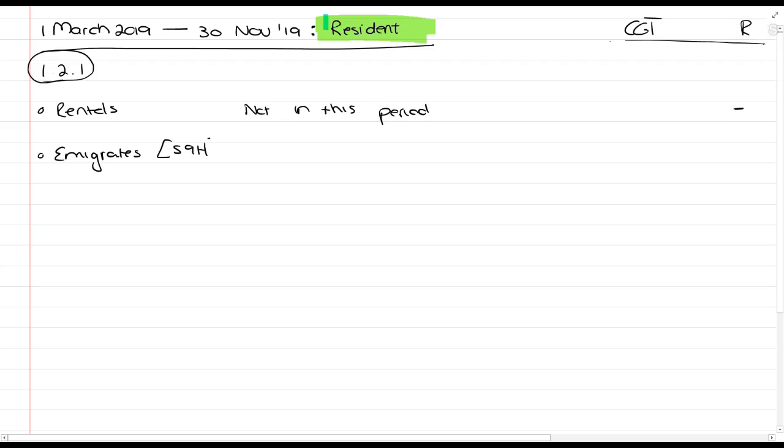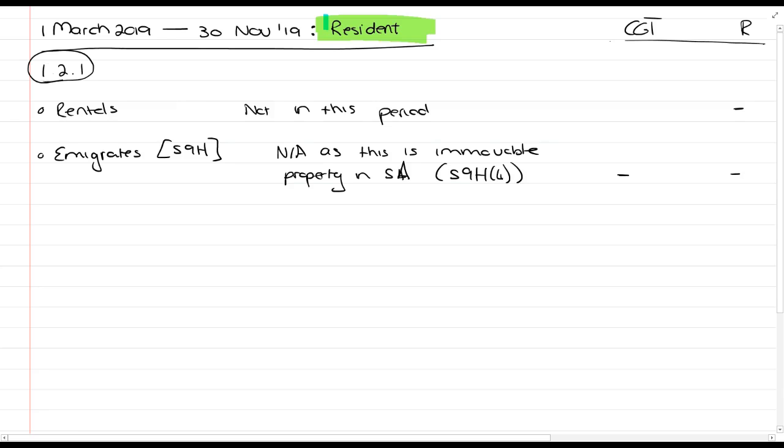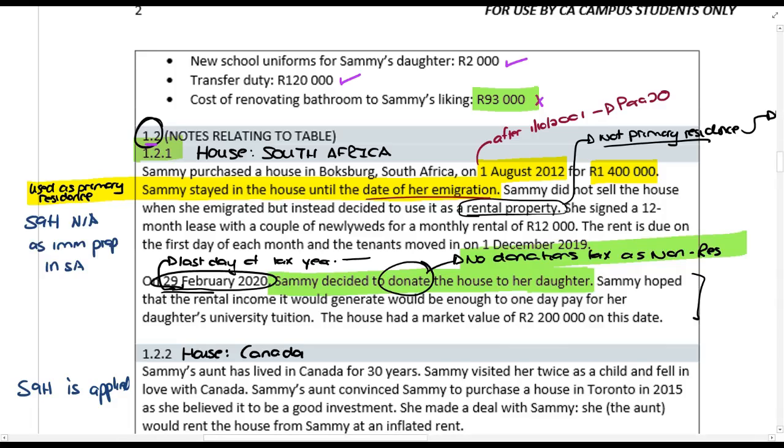Section 9H. In this case, it is not applicable as this is immovable property in South Africa, and the reference to that is section 9H(4) if you want it. So I want you to see for that house in South Africa, nothing happens whilst she is a resident. She hasn't disposed of it, she's not earning anything.